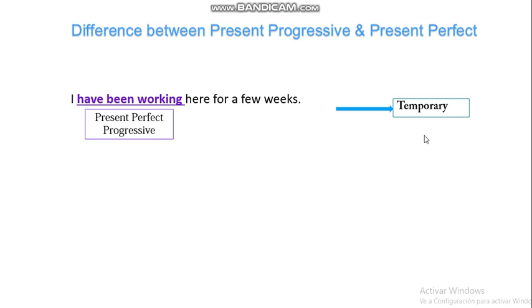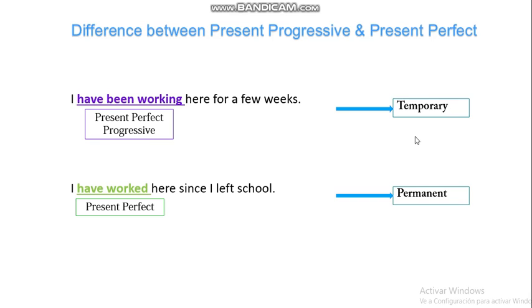That it is not for always. It's temporary. Now we are going to see the present perfect. I have worked here since I left school. Have worked is the present perfect, so it is permanent. It is the opposite of temporary.